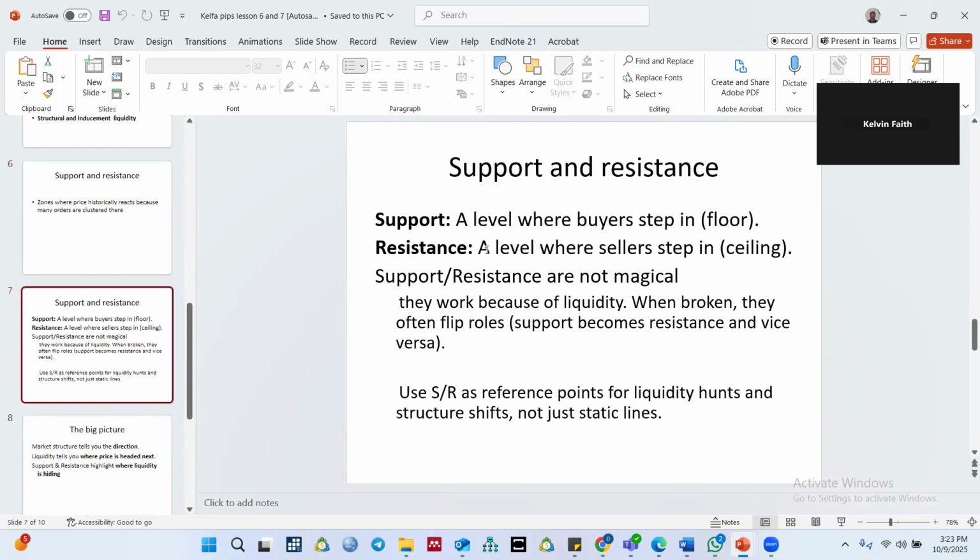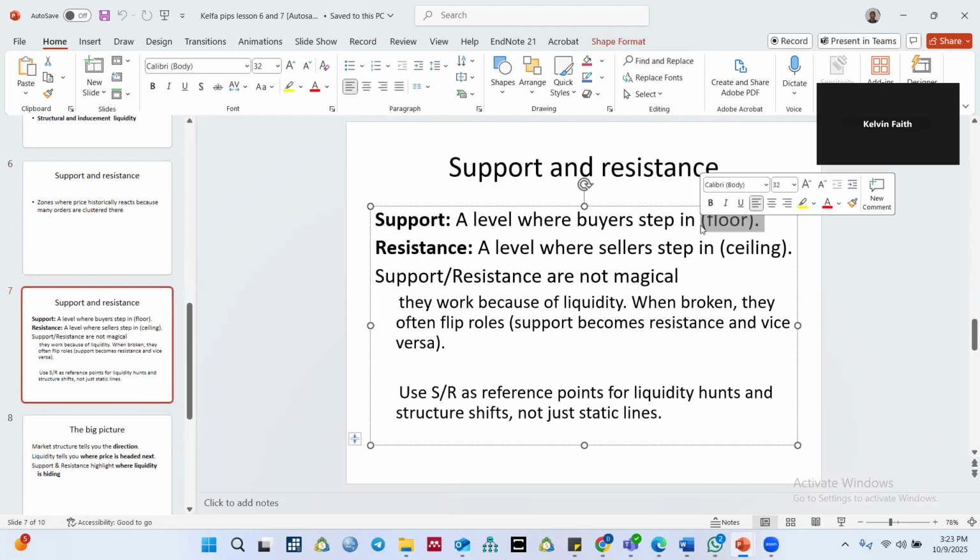Support level is where buyers step in. Resistance level is where sellers step in. Support is like the floor you are stepping or sitting on, and the ceiling is like the rooftop of your house. So when price hits it, it bounces down.